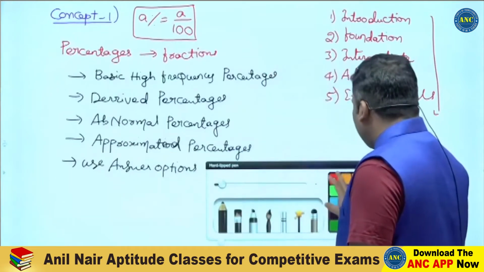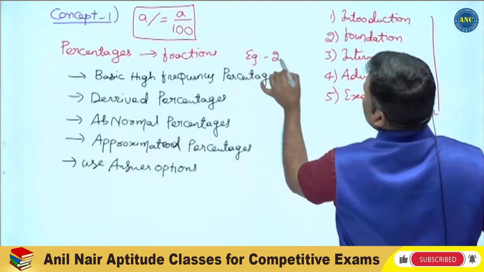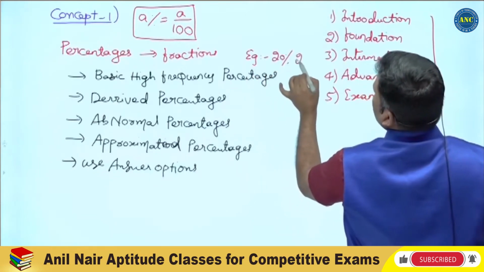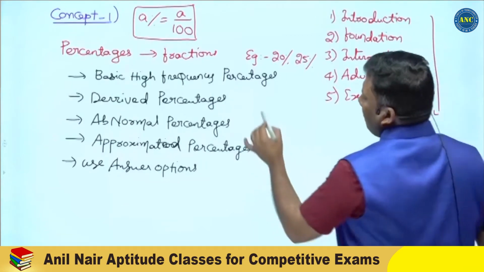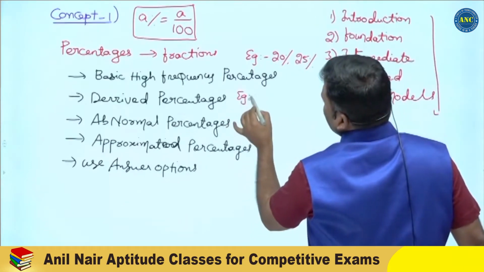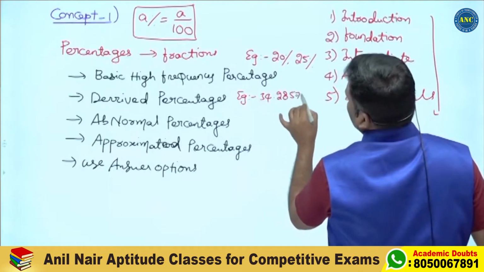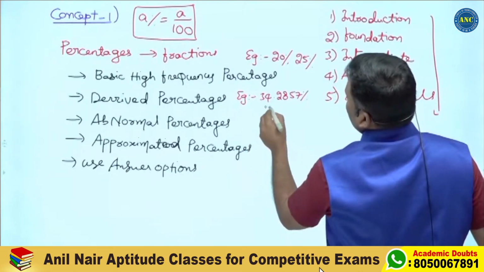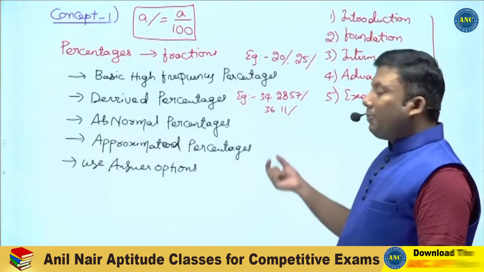We will write some examples here. 20% and 25% are high frequency percentages. Derived percentages are 34.2857% and 36.11%.